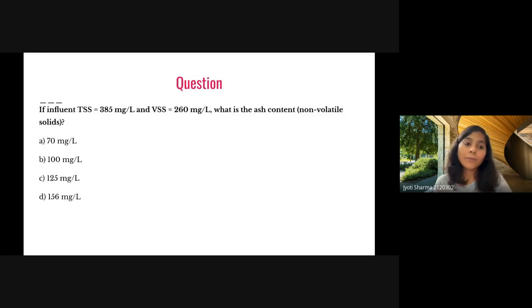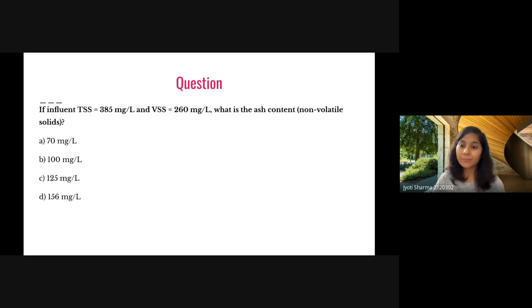Okay, if you have influent TSS 385 mg per liter and volatile suspended solid 260 mg per liter, what would be your ash content? Very easy. Total, volatile, ash. So total is equal to volatile plus ash. So ash will be equal to total minus volatile.